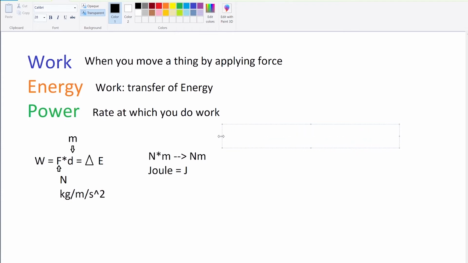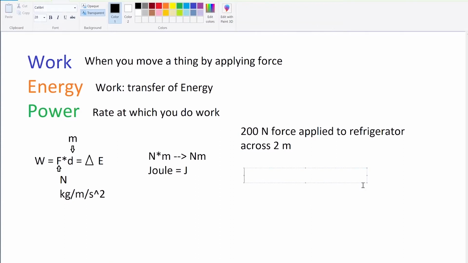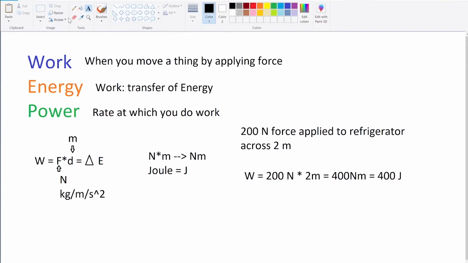So how would you find the work that you performed on this refrigerator? Well, using the equation work equals force times distance, that's just 200 newtons times 2 meters. And that is equal to 400 Newton meters, or 400 joules.